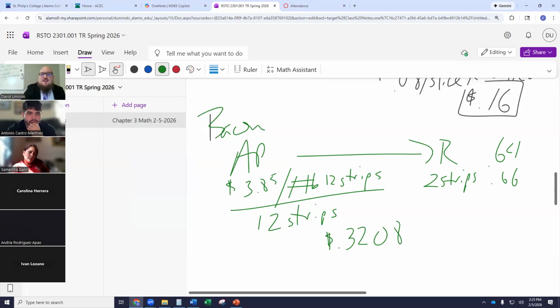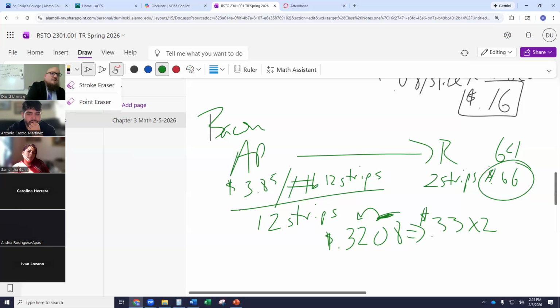So we're talking about money. Remember, whatever this number is, we're always going to round up to the nearest penny. So this is actually going to become 33 cents per strip. And then multiply by 2, so 66 cents is the correct answer for bacon.